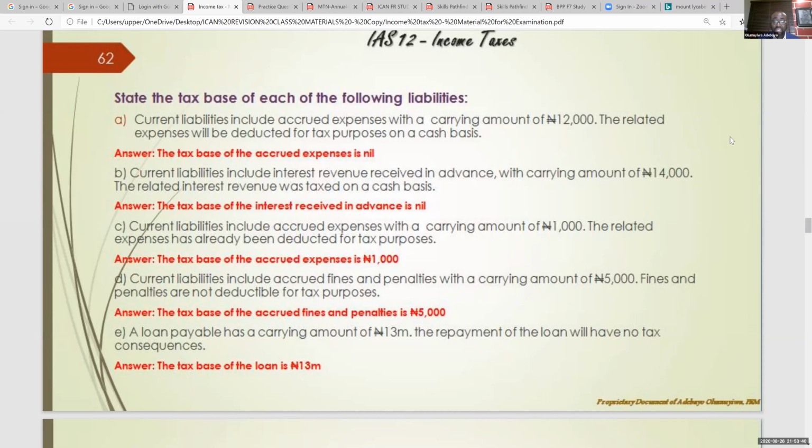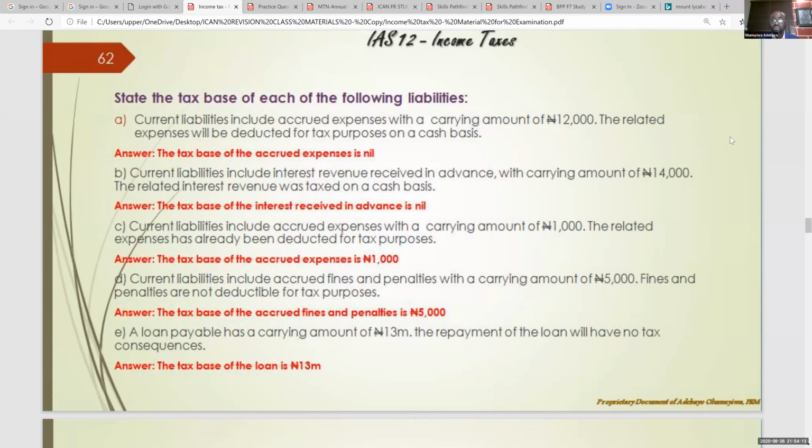In that case, the tax base is nil, straightforward. Secondly, you have interest revenue received in advance, which is a liability in this case. The carrying amount of it is 14,000 naira. Now we are told that the related interest revenue has been subjected to tax on a cash basis. It's similar to the first illustration. There's no tax consequence on it, and therefore the tax base is nil.